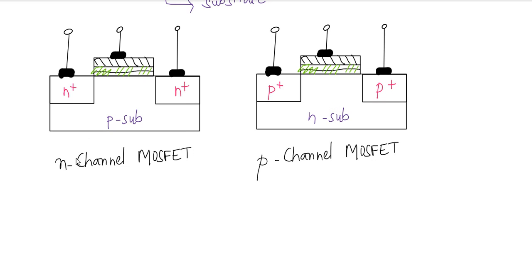The N channel refers to the diffusion being N, and the P channel refers to the diffusion being P. This is the structure of the N-channel and the P-channel MOSFET.